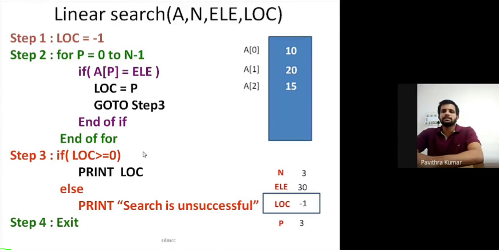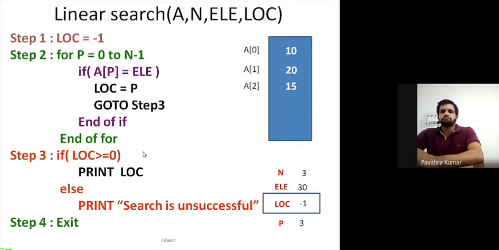This is the linear search algorithm. But as I told you, there is a disadvantage of linear search because an unsuccessful search is known only at the end of the traversal. If you have 1000 elements, you come to know the search is unsuccessful only after 1000 comparisons, right?